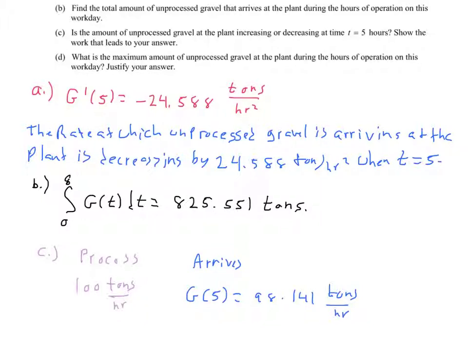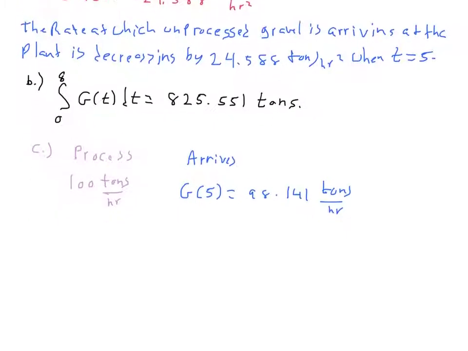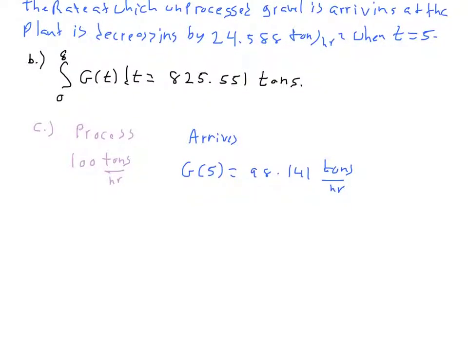Now, since we're processing gravel faster than the rate at which it's arriving, the amount of unprocessed gravel is decreasing.